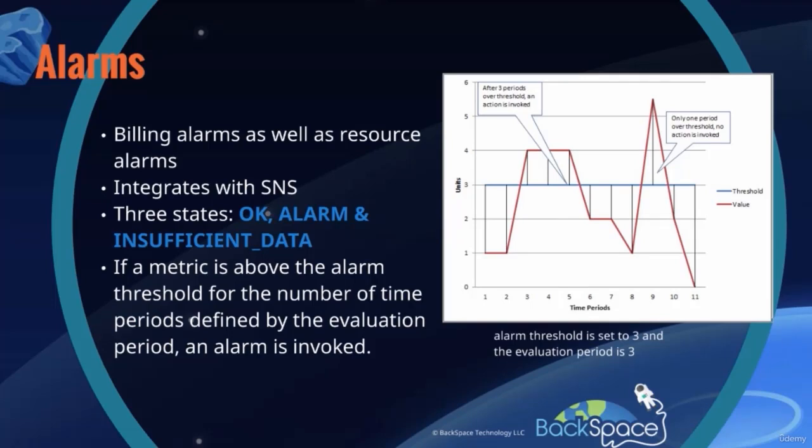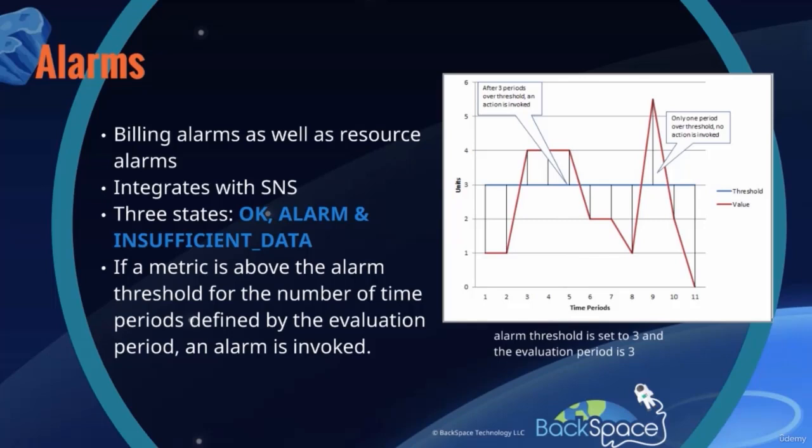It integrates with Amazon SNS to send notifications and emails. It consists of 3 states: OK, and then alarm if the metric has exceeded a threshold level, and insufficient data.